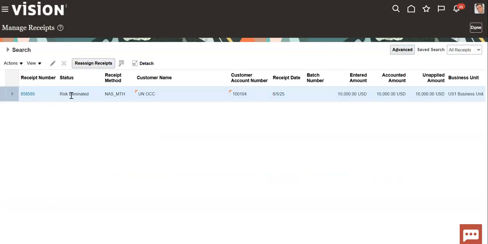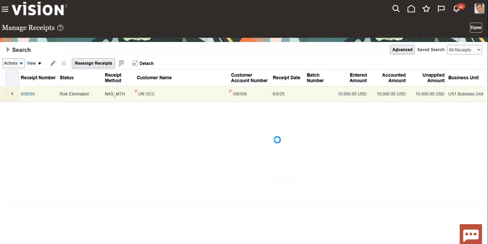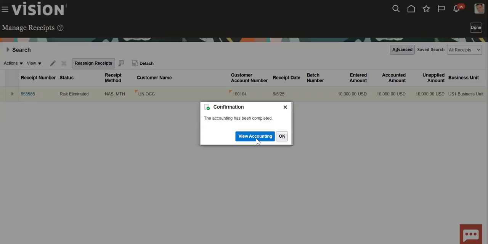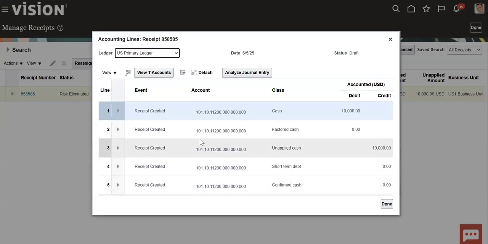If you see here, earlier the status was risk cleared. Now the status is risk eliminated. Let us do the accounting once again. Accounting draft. We are expecting an additional accounting entry. This one: short-term debt debit 10,000, factored cash credit 10,000. I think factored cash will become zero.